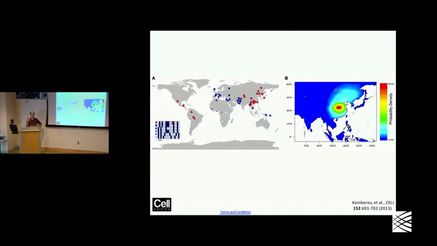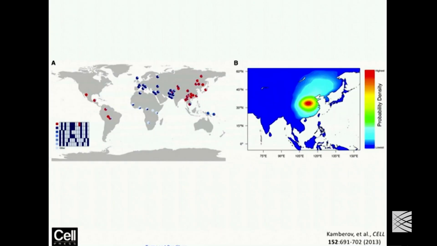On the left are the allele frequencies in different populations, and the red is this selected allele, and it's present in East Asia, it's present in the New World. You know, it arose in East Asia, was selected for rapidly, spread rapidly, and as the peopling of the New World went through the Bering Strait, it went into the New World. And they did some very complicated, sophisticated modeling, and on the right you can see where this allele probably arose, in northern China, with some estimate of when it happened.